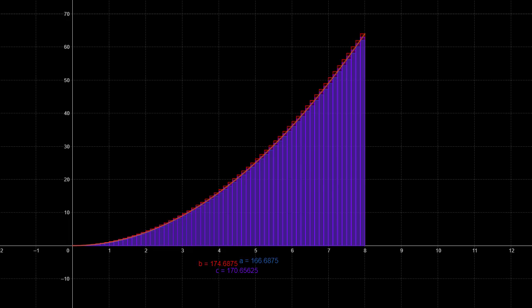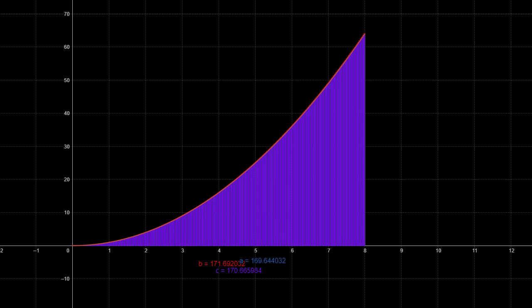If we take it out even further, eventually, this is 512 rectangles. You can see that the difference is very small. We've gotten it down to a difference of about 1. We have 170.1, 171.2-ish, and 170.7-ish.